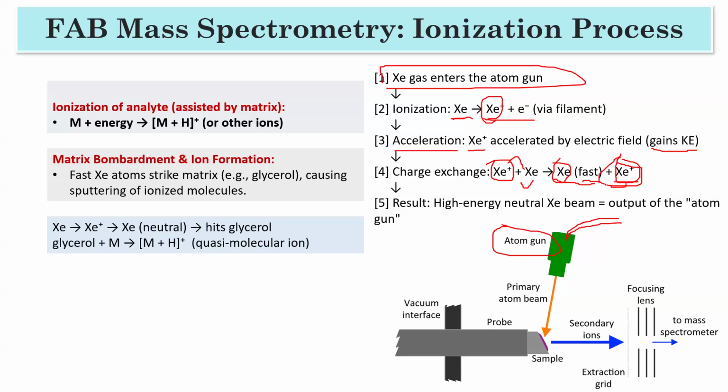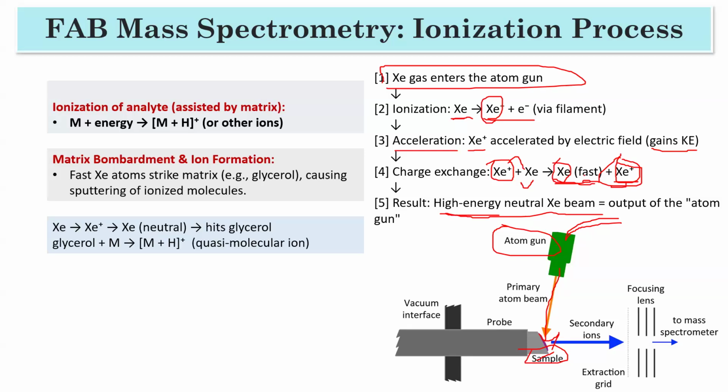Now we can use this fast xenon to go and hit the surface. I hope you understand. So what is the result? The result is we are getting a high energy neutral xenon beam out of the atom gun.